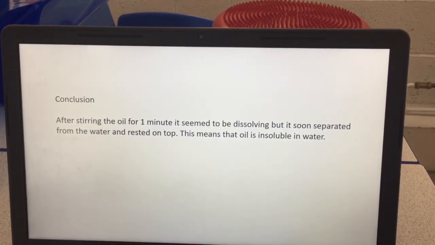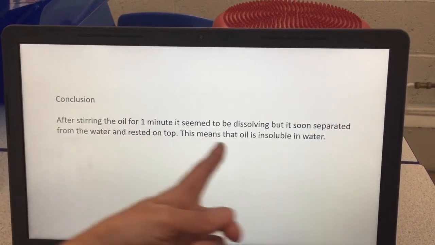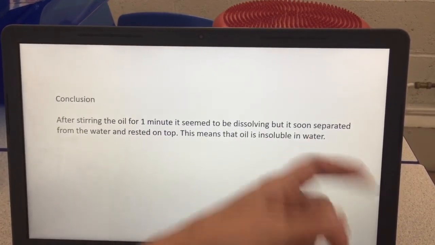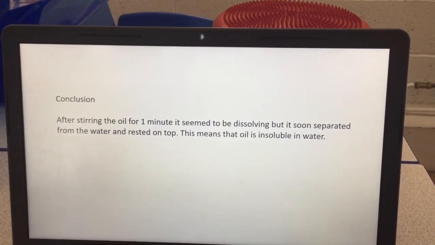This means that oil is insoluble in water. So my conclusion here is that oil is insoluble in water. It doesn't dissolve in water. I would then go on to explain what I've concluded about the flour and the salt.